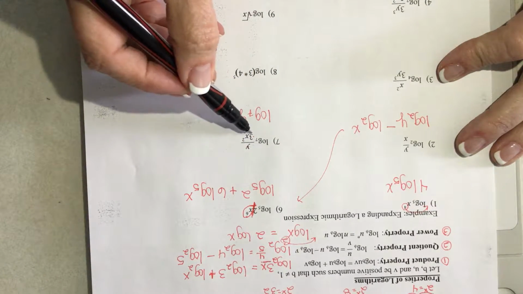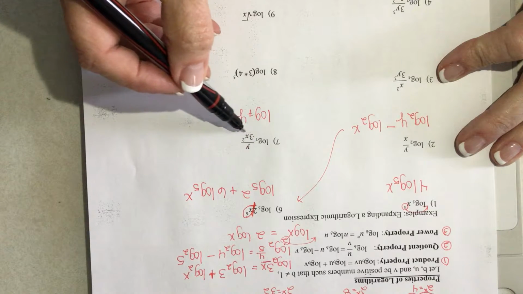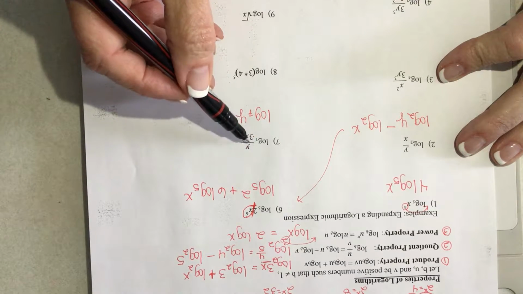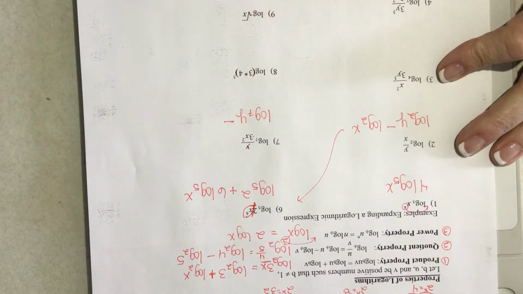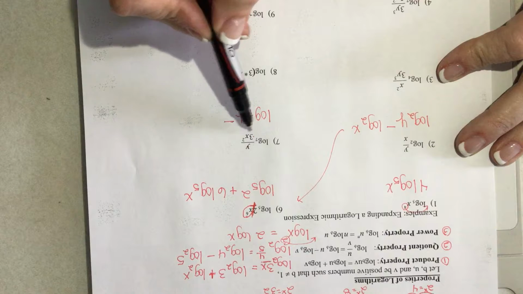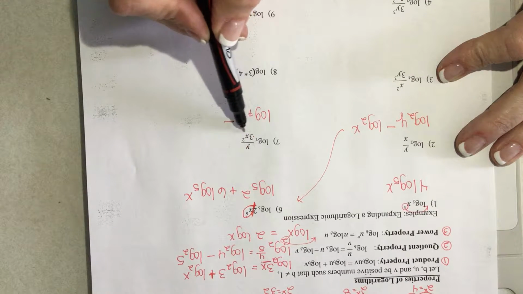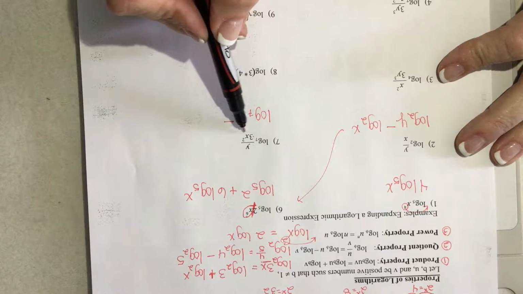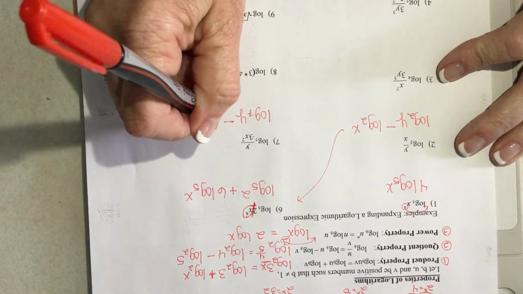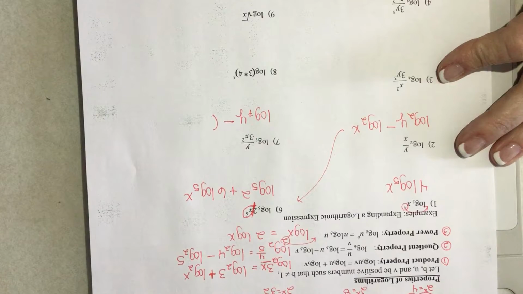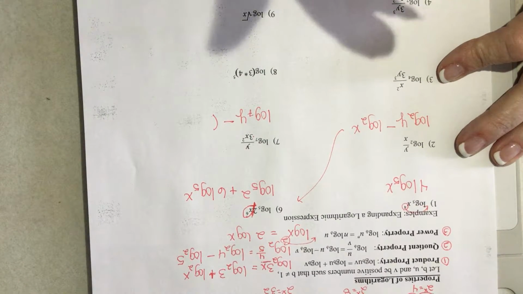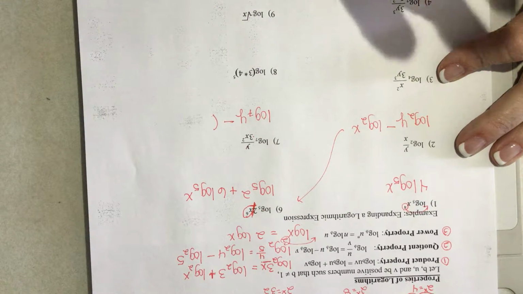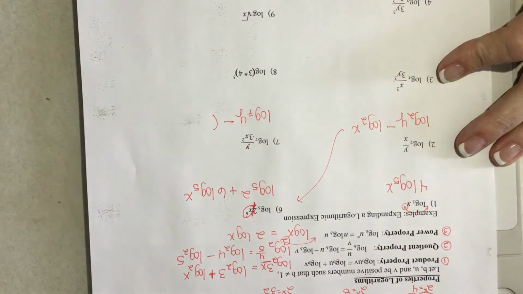Now 3 and x are on the denominator, so that's a division, so I'm going to use subtraction. But because 3 and x are both on the denominator, being multiplied together, I need to represent that. I'm going to use parentheses to represent that those two are in the denominator together. It's kind of like you're holding them in with the parentheses.